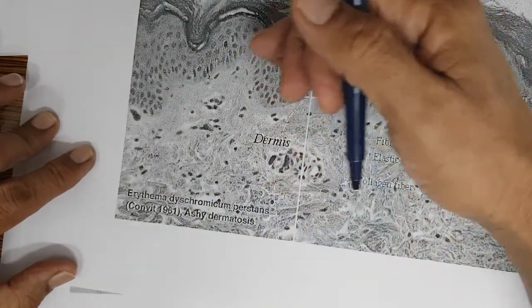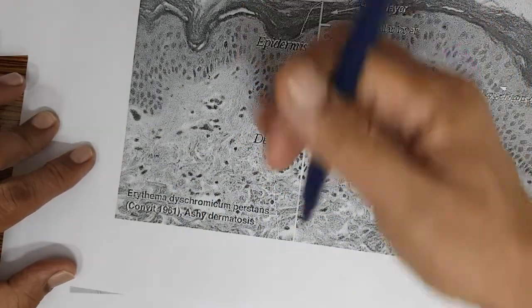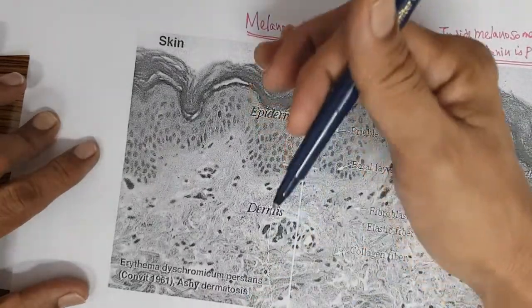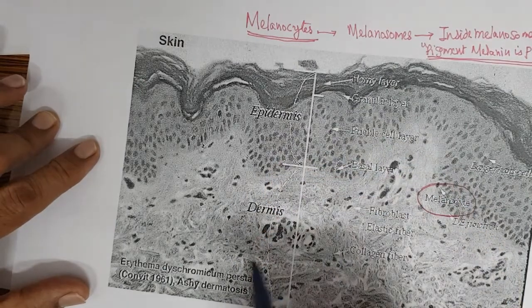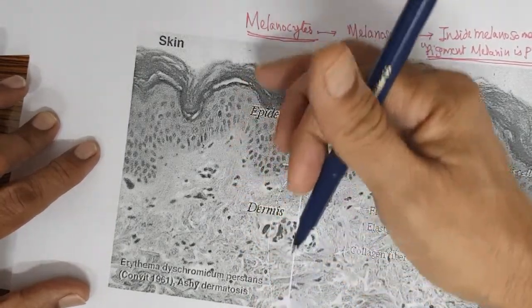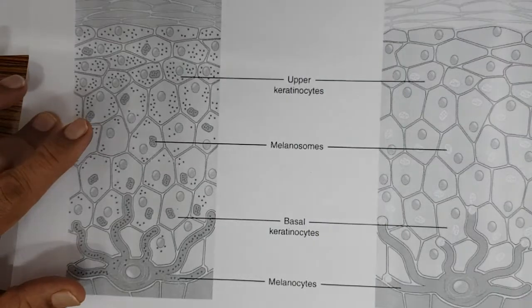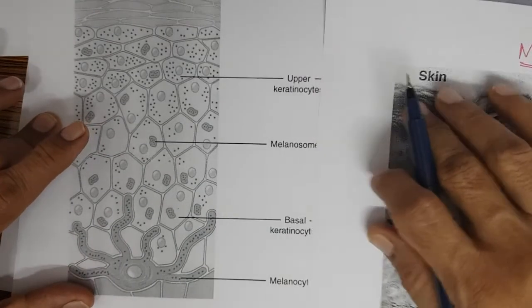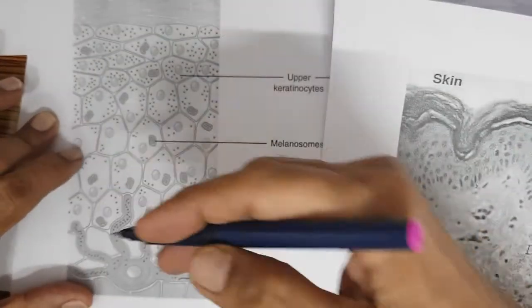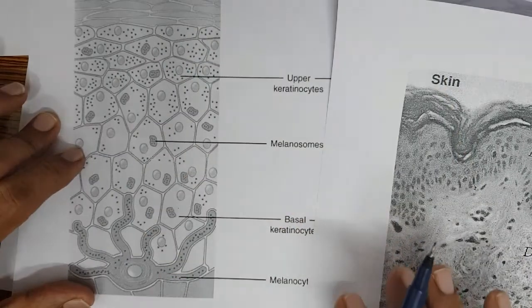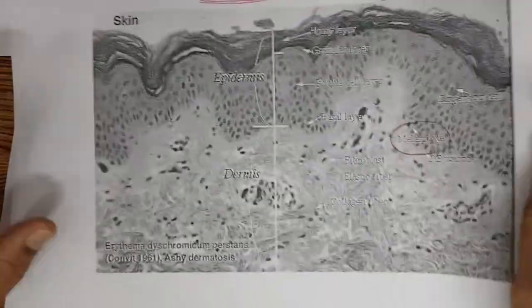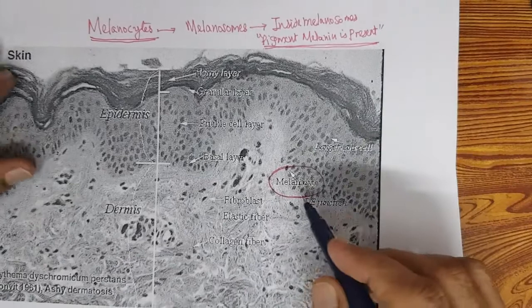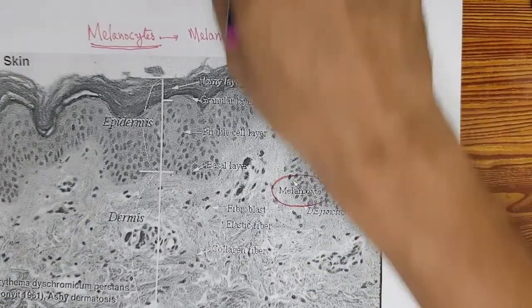Again, they will differentiate later and become stratum corneum. That's what we studied in the previous sections. So this is the trigger. Now you understand. This is what happens.